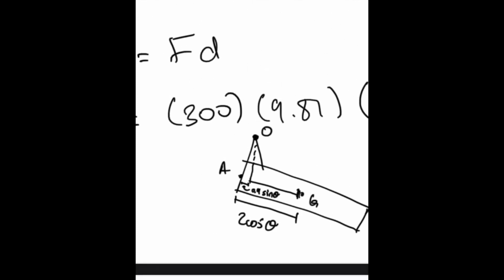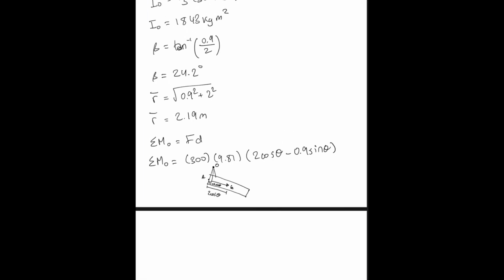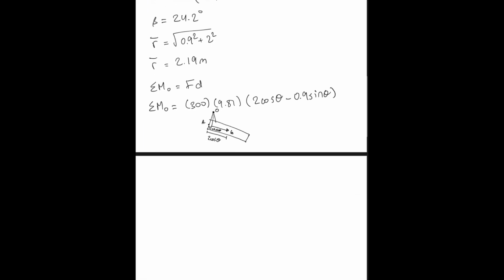So we must subtract that from 2 cosine theta. That's going to give us the horizontal distance between O and G: 2 cosine theta minus 0.9 sine theta. I hope that made sense.